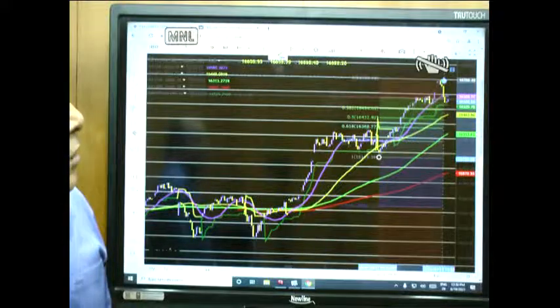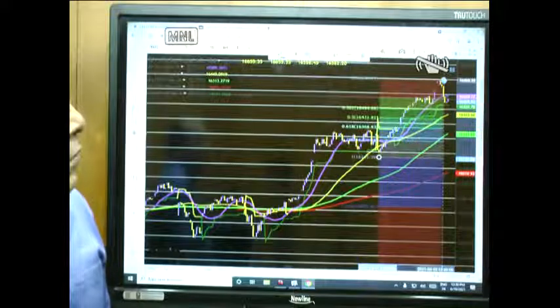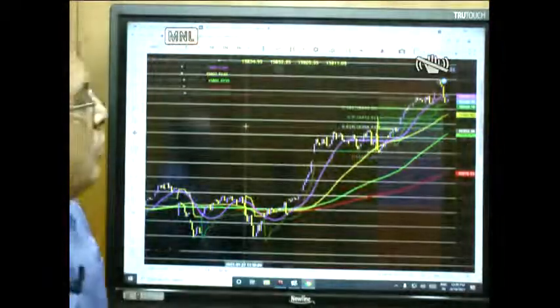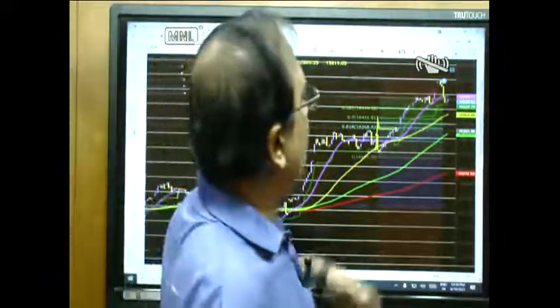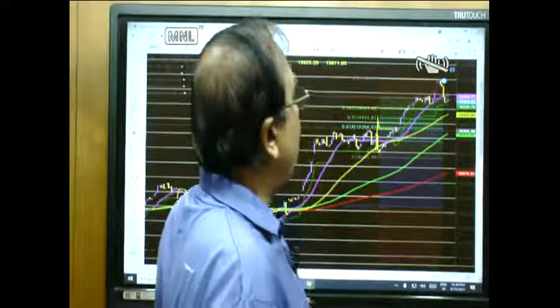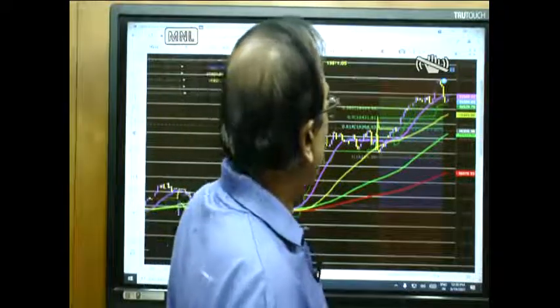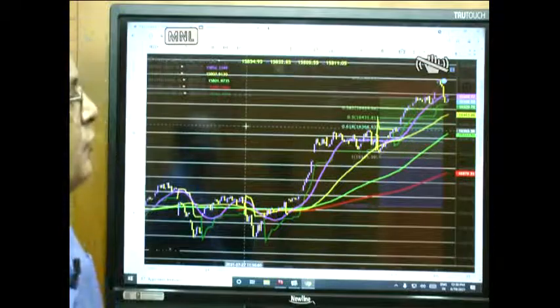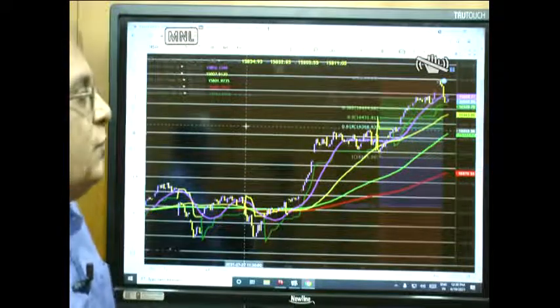So right now, we expect the first support, now it has closed below 16,572, which is the 23.5% retracement, then 16,494, 431 and 368. So we expect important support to come closer to 16,368.